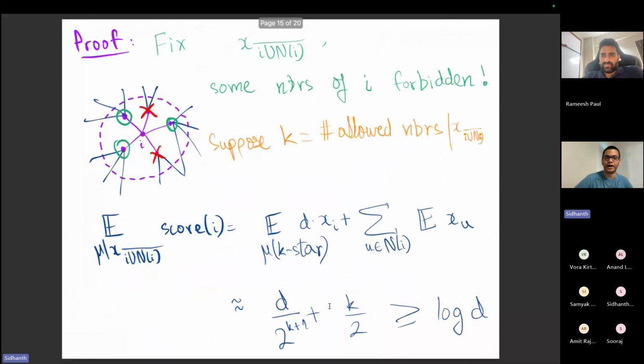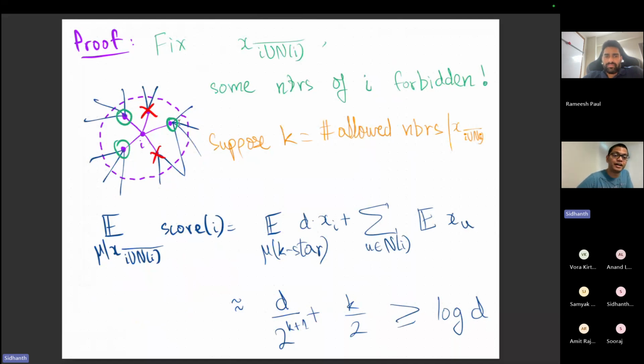So let's see why the stronger statement is true. Okay, so now say I fixed x outside of i and its neighbors. Now after I fixed x, there are going to be some neighbors of i which are forbidden. For example, here I crossed out two vertices, and maybe they're forbidden because one of this vertex's neighbors was chosen to be in the independent set, and one of this vertex's neighbors was also chosen to be in the independent set.